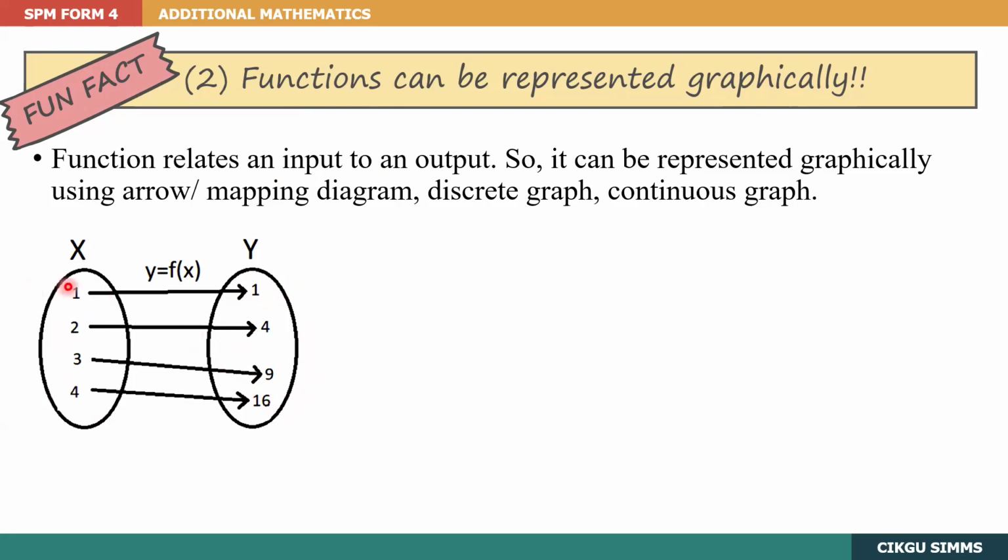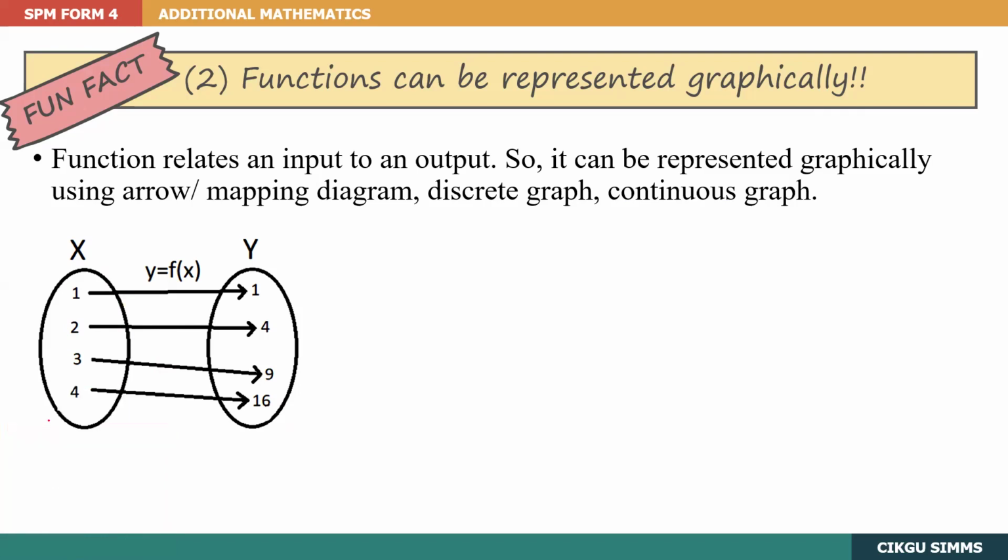For example, when 1 is the input to the function f, the output is 1. If the input is 2, it will give you 4. 3 will give you 9, and if you input 4, it will give you 16.